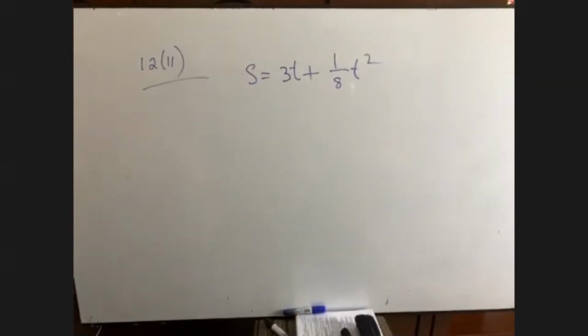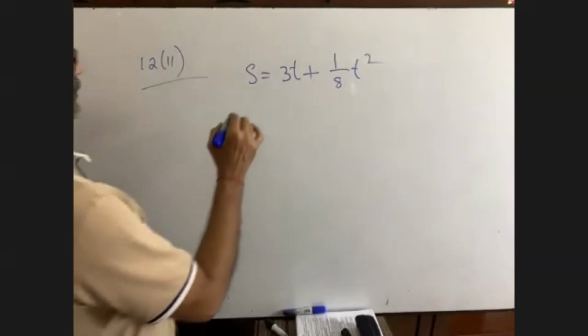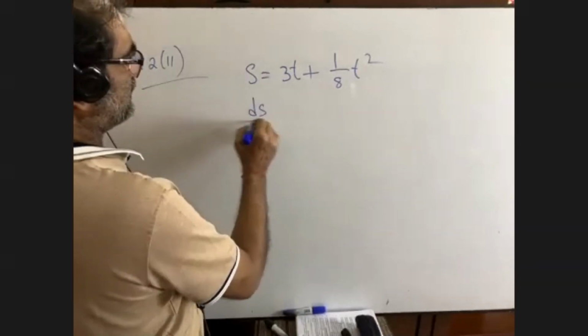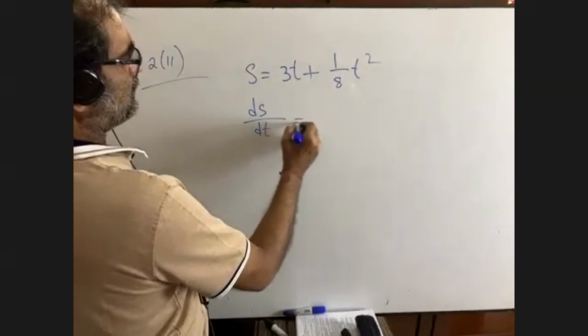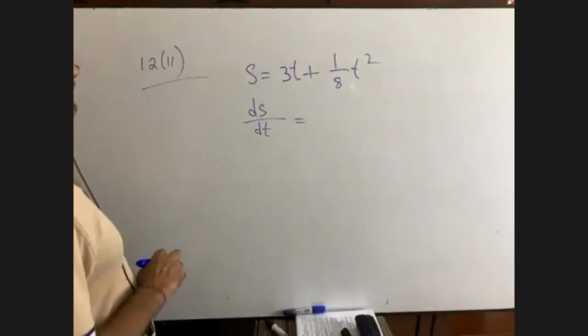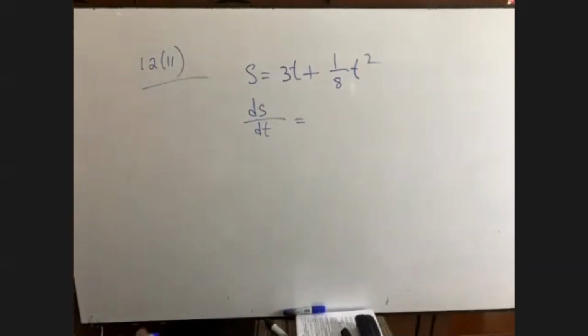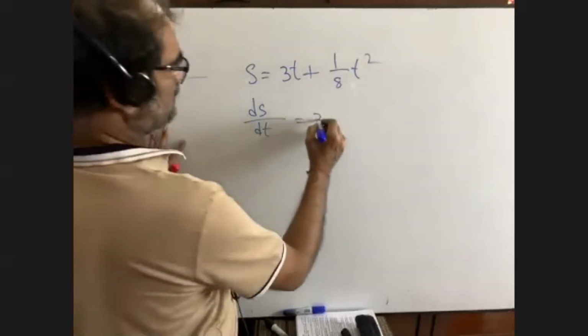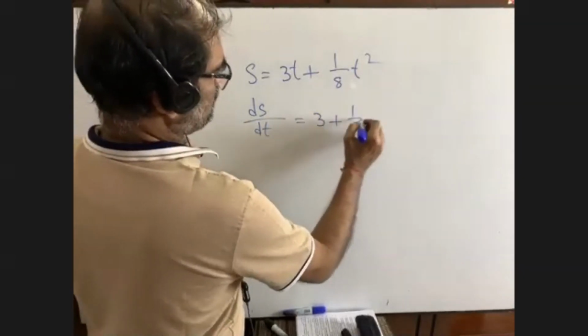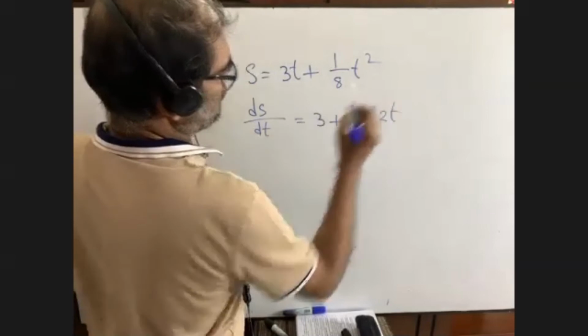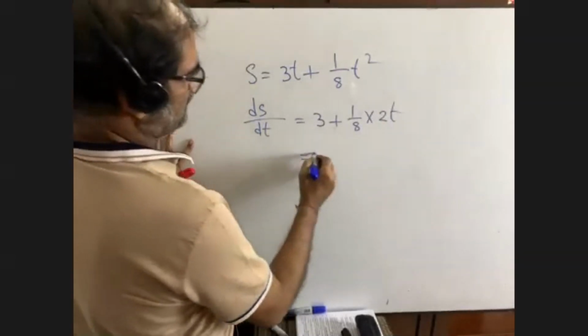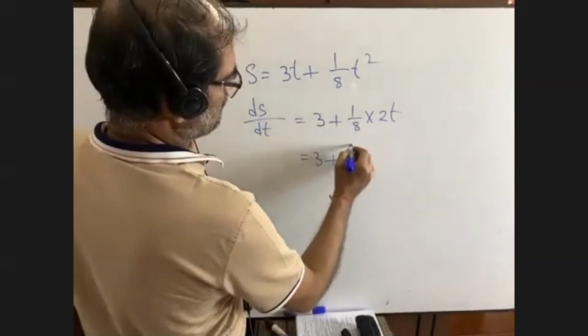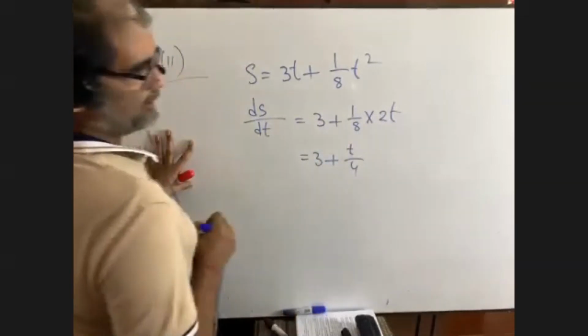Okay, distance is given. So you find ds by dt. Please do it. What is the result? 3 plus 1 by 8 into 2t, 3 plus t by 4, right?